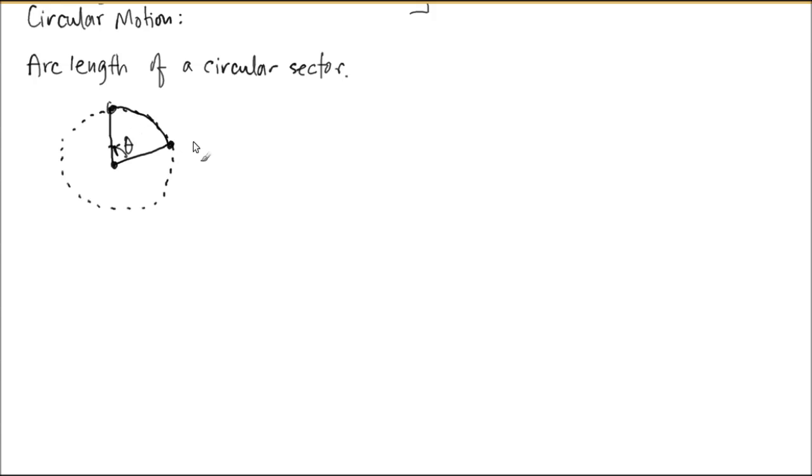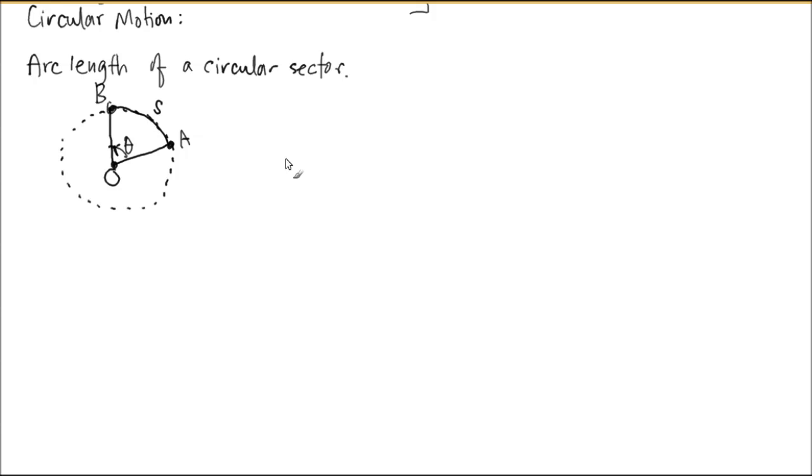That's the arc from point A to point B. Usually the center is denoted by the letter O. So from A to B is the arc length, denoted by little s. You see the difference between the length of this arc versus the length of a line segment joining A to B, right? Straight line from A to B versus curved line from A to B. And this curved line will be slightly longer than the straight line, right?